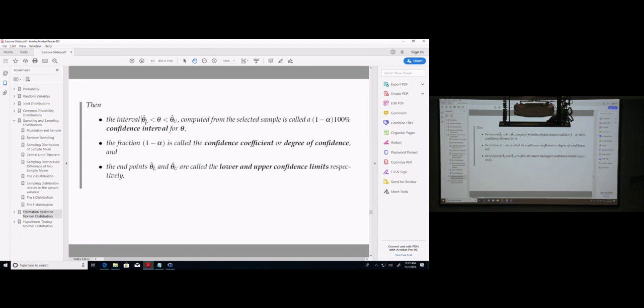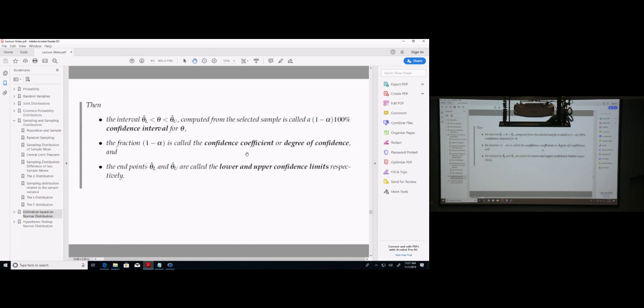This will serve as a lower estimate, and this will serve as an upper estimate. Now we change our wording to confidence rather than probability, and we call this interval a confidence interval. The coefficient, 1 minus alpha, is called the confidence coefficient or degree of confidence.